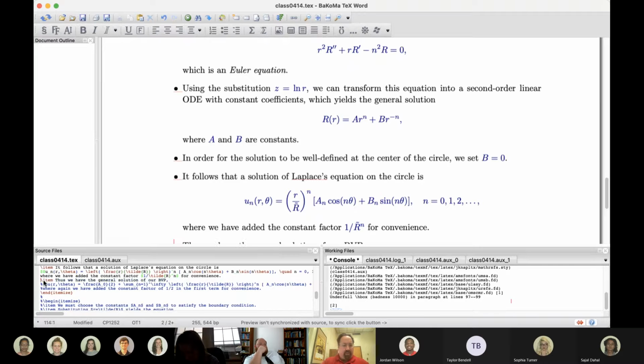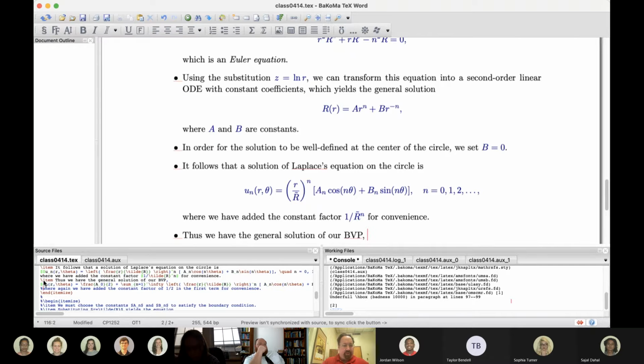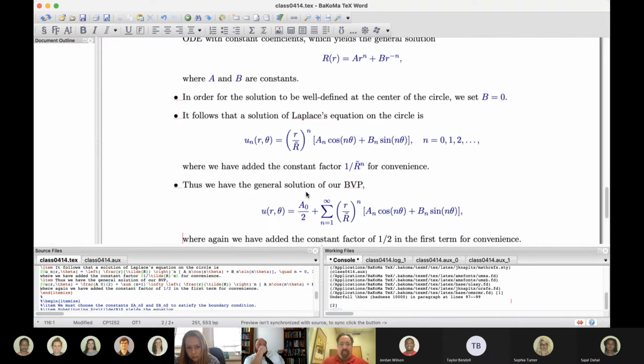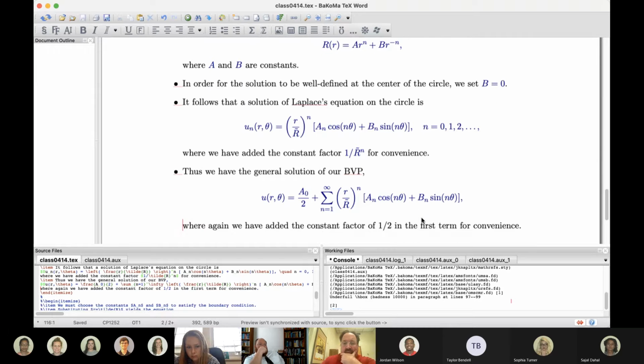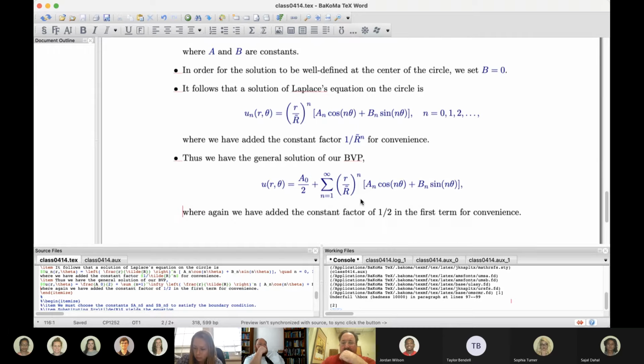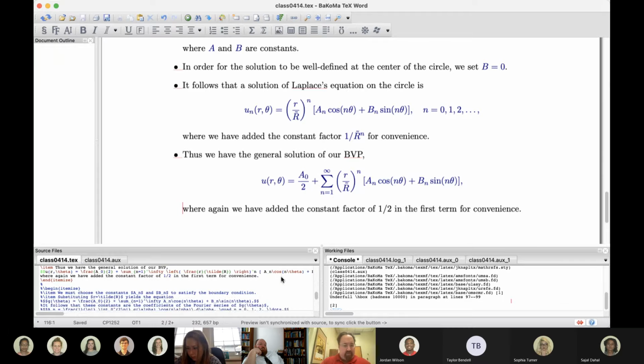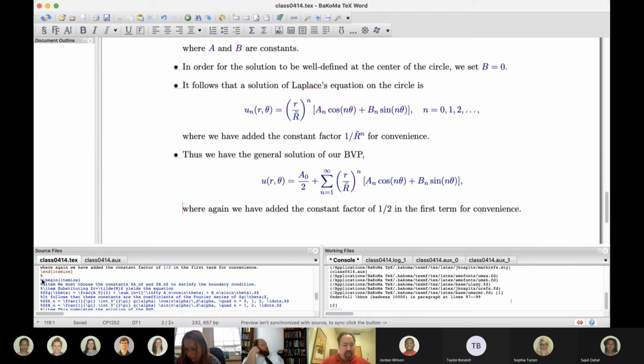So now we can describe our overall solution to our boundary value problem as this linear combination. So it's reminiscent of some of the series we've seen before, like a Fourier series. So we just have to make sure that this satisfies the boundary conditions. So how do we do that?